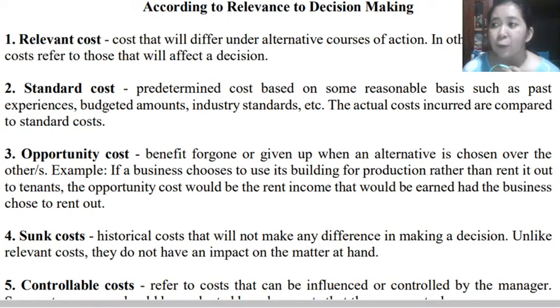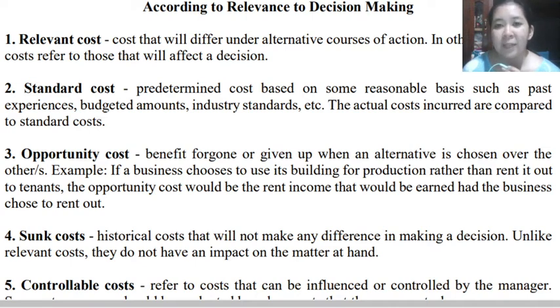For controlling purposes, the standard cost is compared with the actual cost to determine if the entity performed well or not.